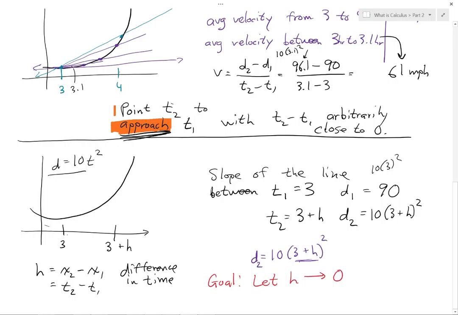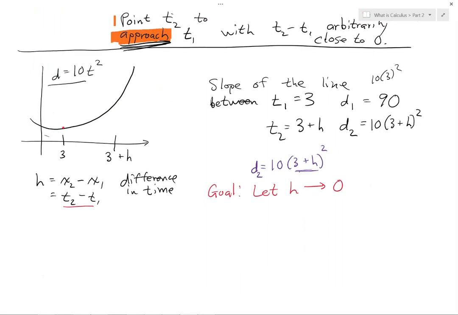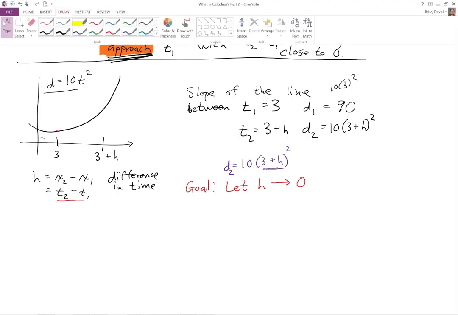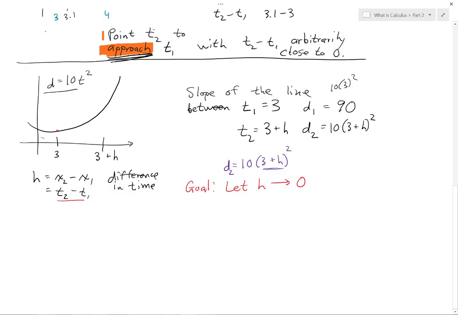If h is 0 right now, that's a problem: we're at the point where we only have one point, T2 minus T1 would be 0, and that would give us 0 in the denominator. We can't have that. But let's start slowly. Let's plug everything in. This is going to require some algebra and some FOILing, but so far, it's just algebra.